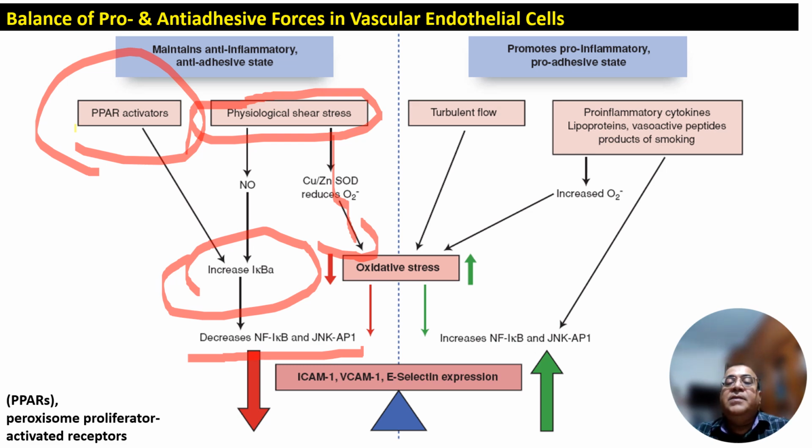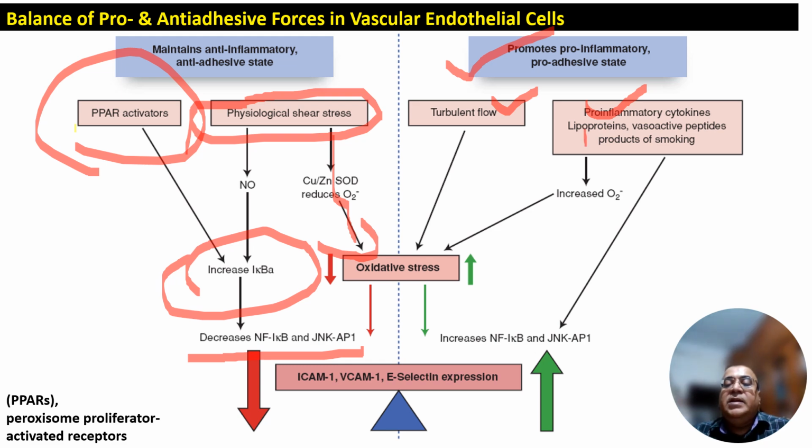While when there are more adhesive forces present, that is in the pro-inflammatory state, there is turbulence of the blood flow, and pro-inflammatory cytokines, lipoprotein, vasoactive peptide, and many products that are the result of smoking.